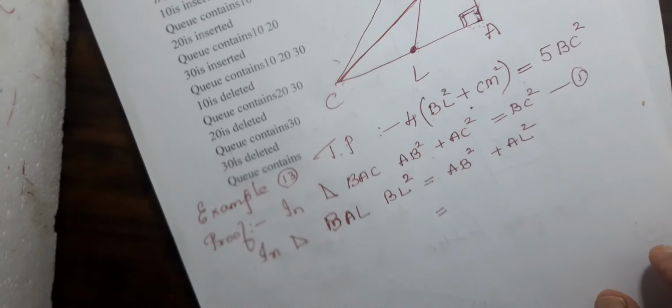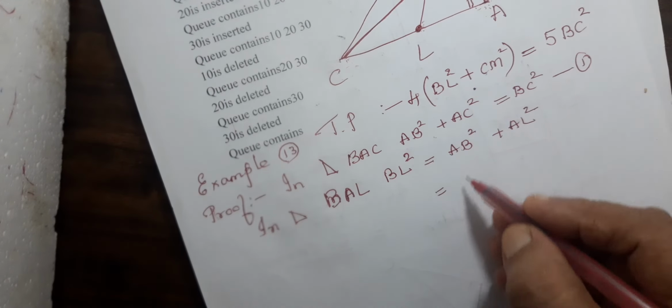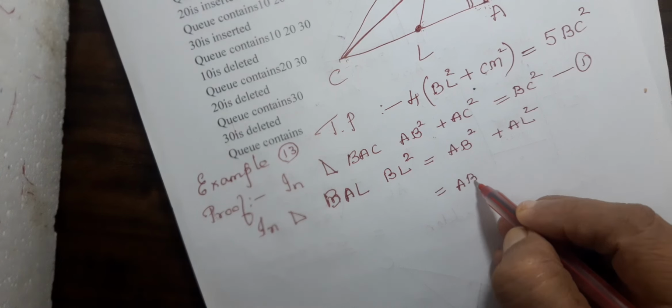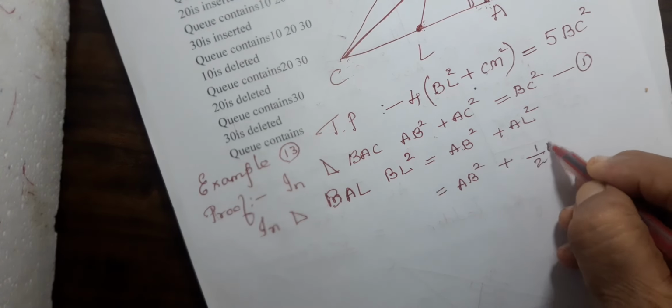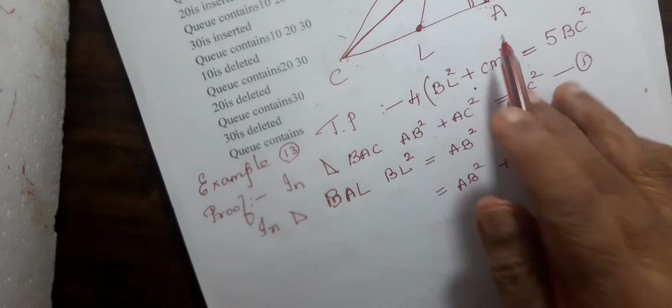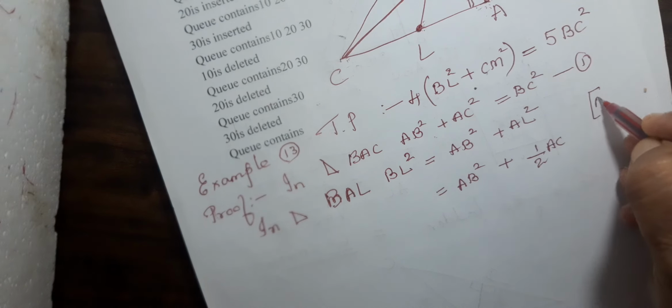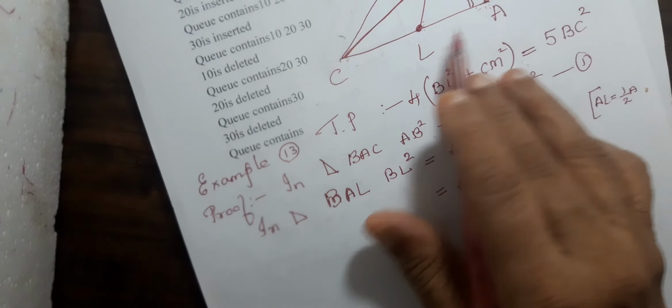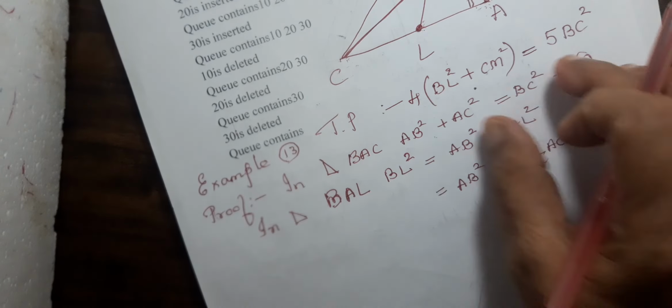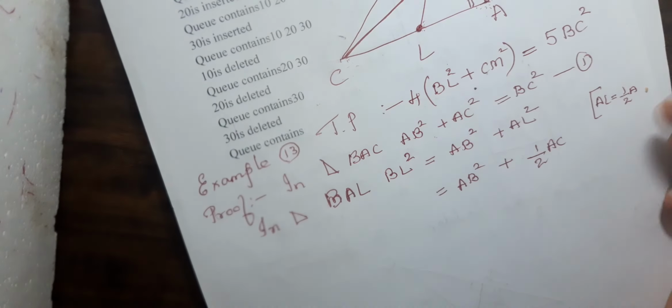See children, now you should understand here. Now AB squared I'll keep as it is. AL squared no, I will write half AC. AL is half of AC. Why? Because L is the midpoint of AC there. So AL will be half of AC.